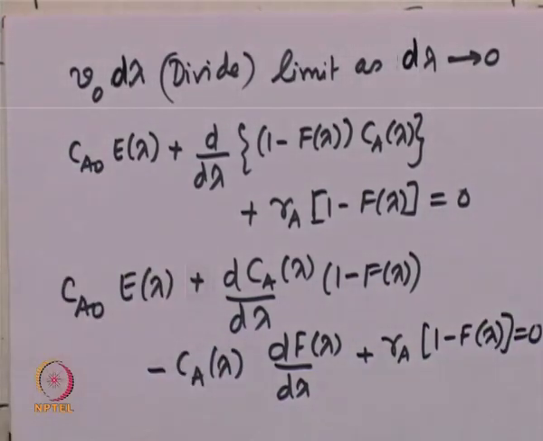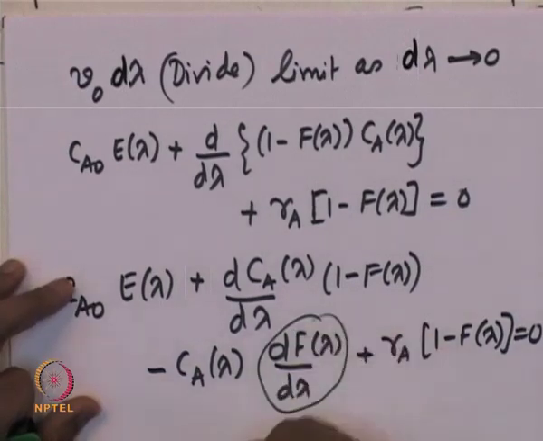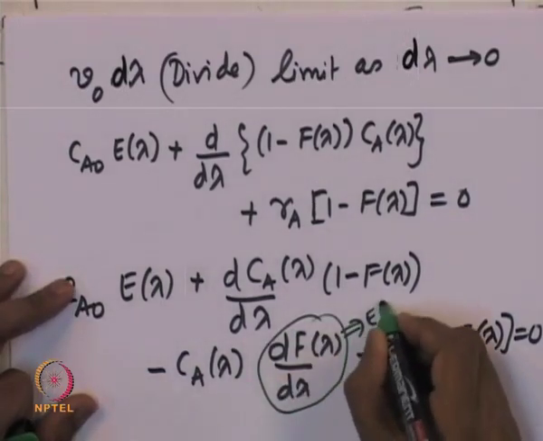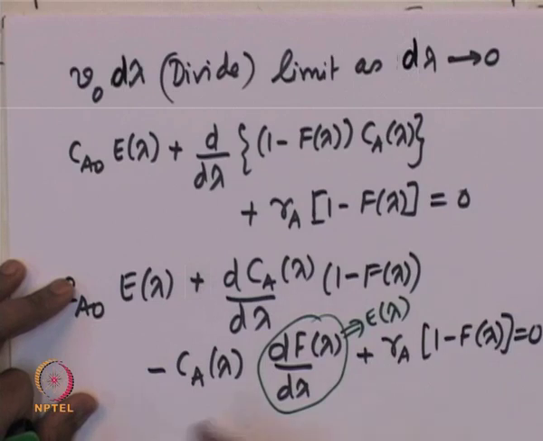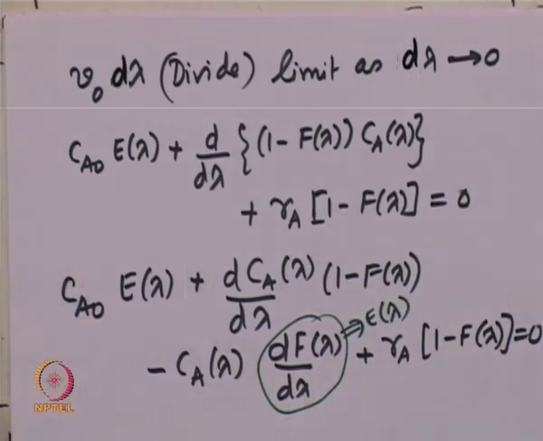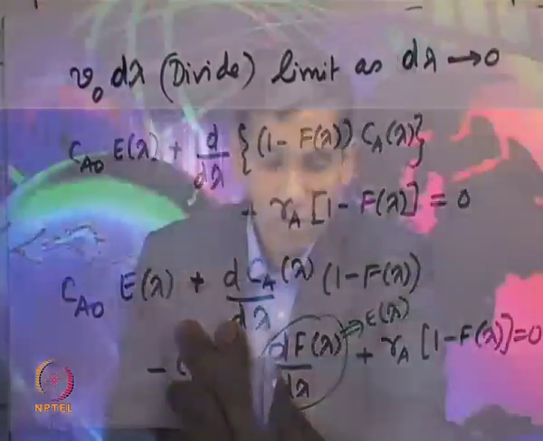Now, if we look at this expression, this df by d lambda is nothing but the RTD function E lambda, where f is the F curve or the cumulative distribution function. So, using this property we can write the mole balance.